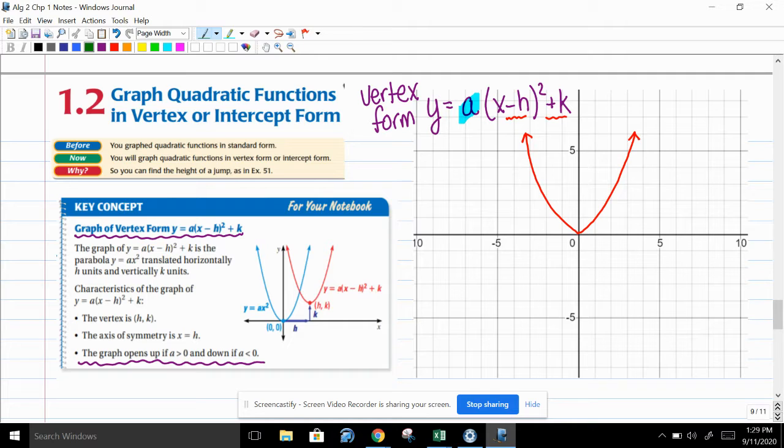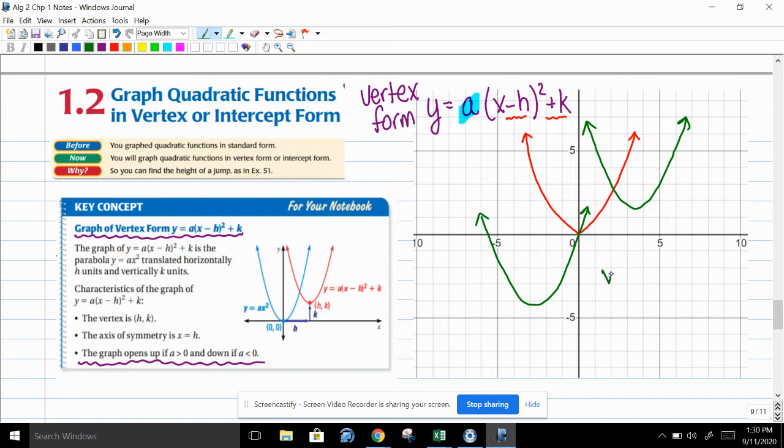So the graph is still going to look the same. It's just going to be shifted or translated into a new spot. So you might have that graph be shifted to the right. You might have that graph be shifted down and to the left. It all depends on what h and k are.